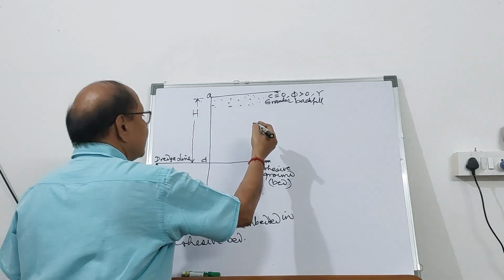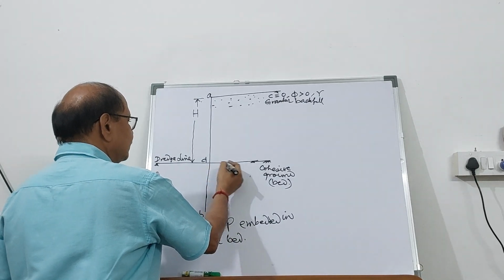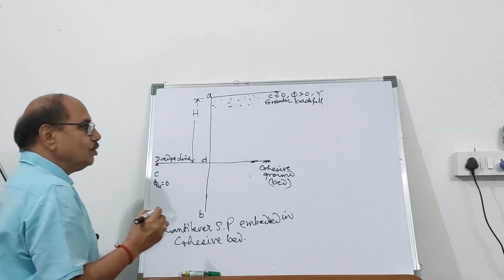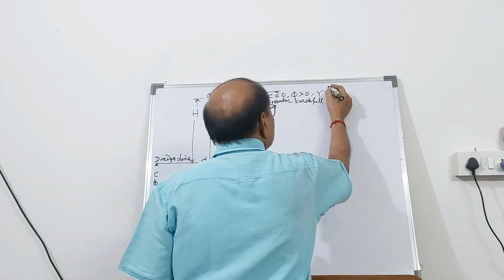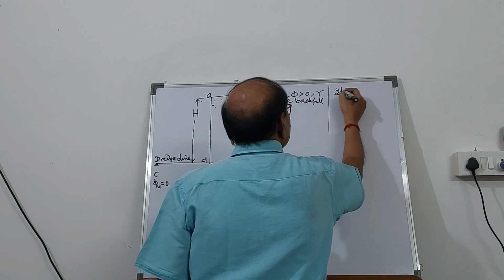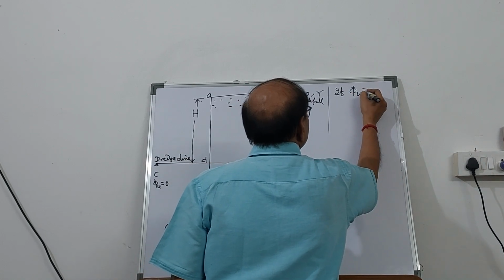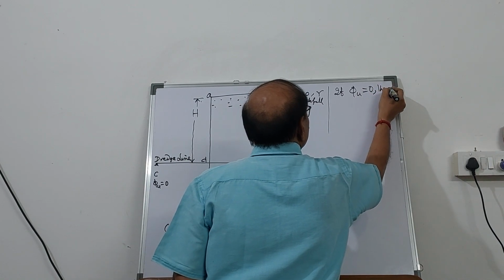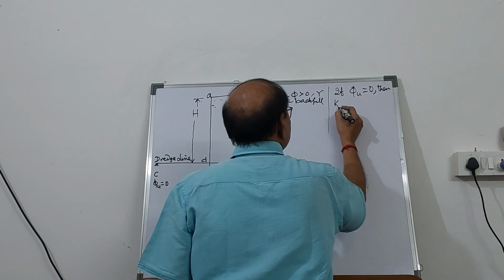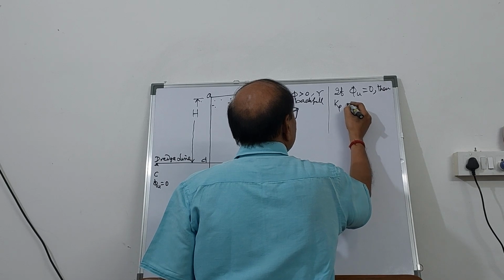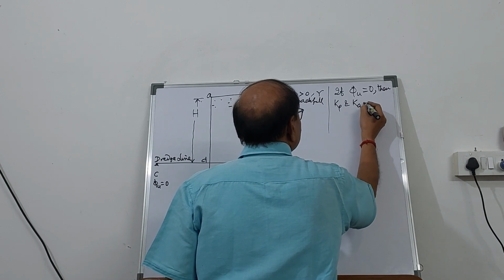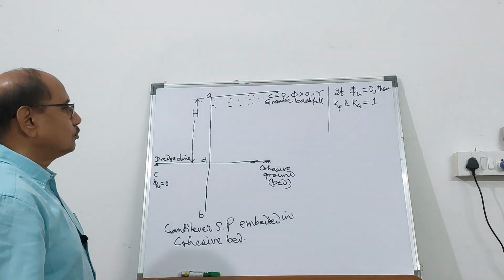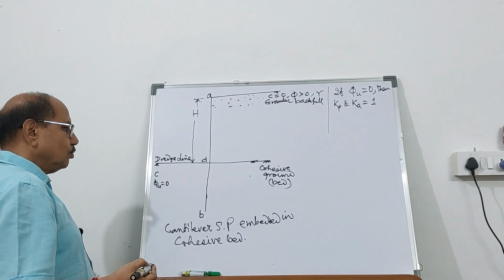Here, at this point, the value of phi u is 0. So if phi u equal to 0, then naturally the coefficient of passive earth pressure and coefficient of active earth pressure becomes 1. Both become 1.